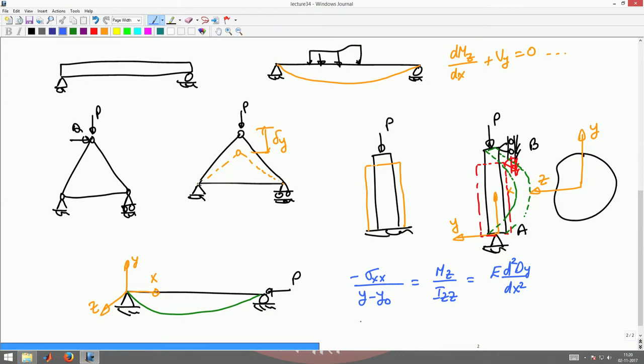Similarly, you have an equation minus sigma xx by z minus z naught equal to My by Iyy equal to E times d square delta z by dx square for bending along the z direction. So if it were to bend like this, this equation has to hold from the strain, displacement, stress, equilibrium equation point of view.